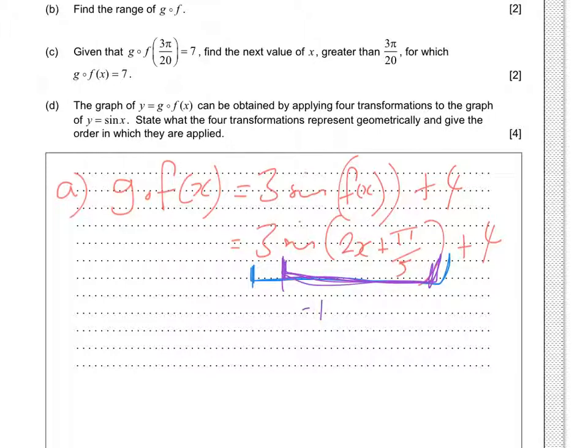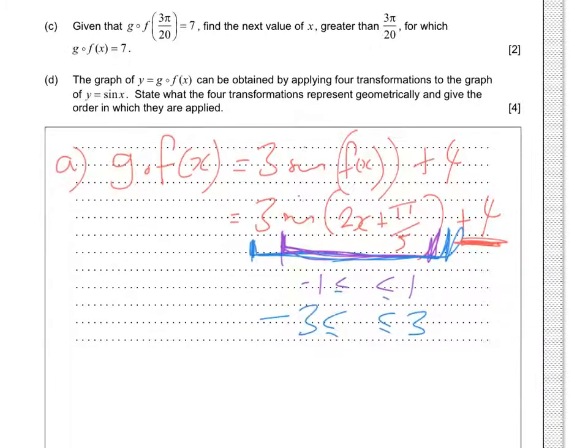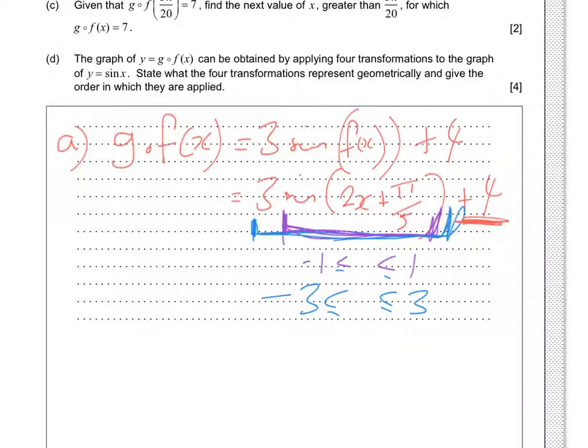That goes between -1 and 1, which means this 3 sine function goes between -3 and 3, obviously inclusive. So when you add the 4 on to a function that goes between -3 and 3, then g of f of x must lie between -3 add 4, which is 1, and 3 add 4, which is 7.